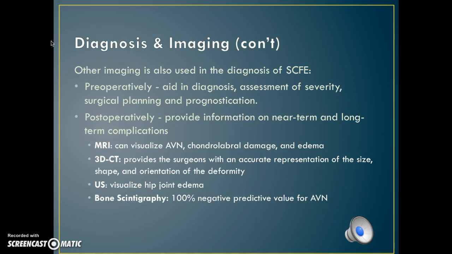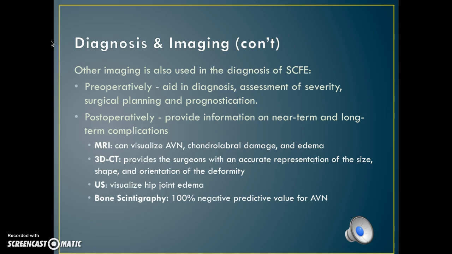Although bilateral AP and frog-leg radiographs are the gold standard for diagnosing a SCFE, other imaging tools may be used preoperatively to help with the assessment of severity and surgical planning, as well as postoperatively to provide information about the potential to develop complications. An MRI can be used to visualize AVN, contralateral damage, and edema.